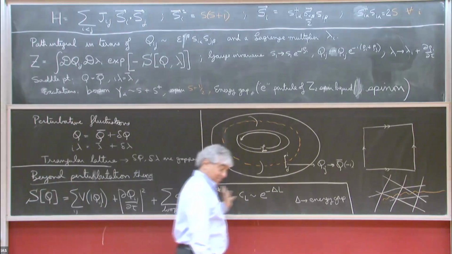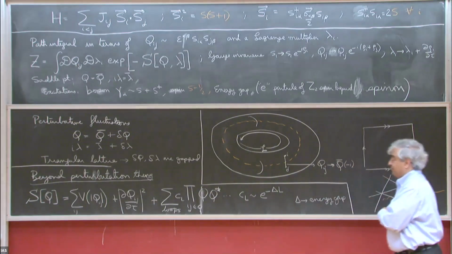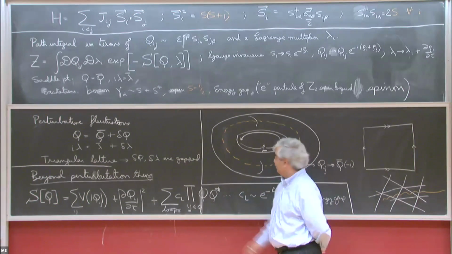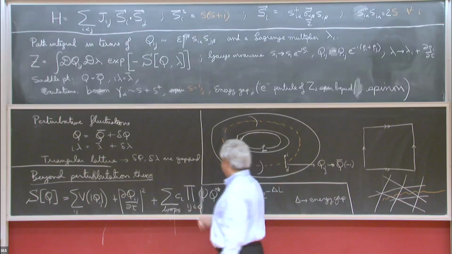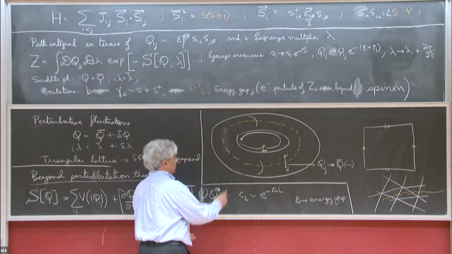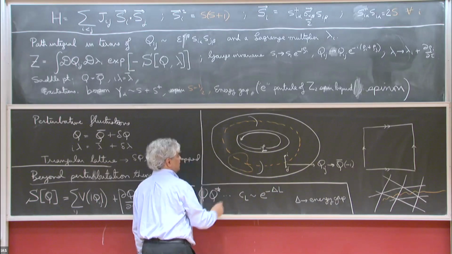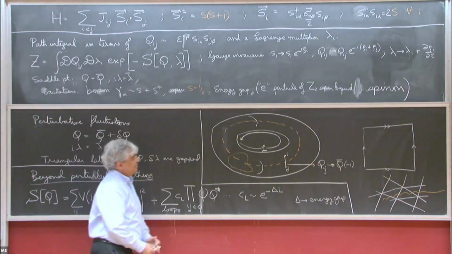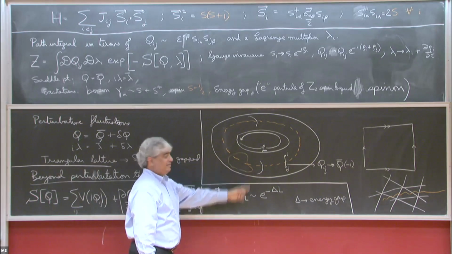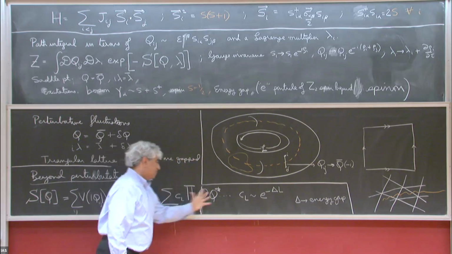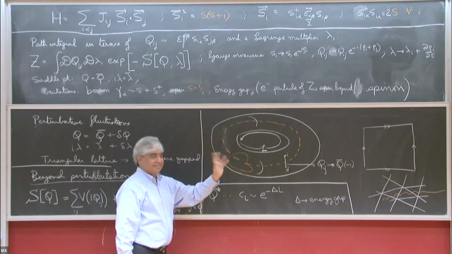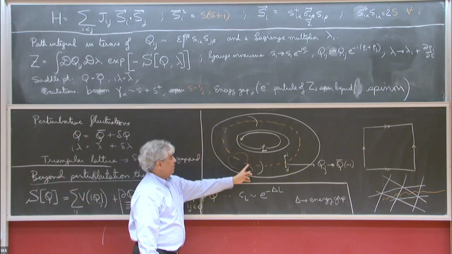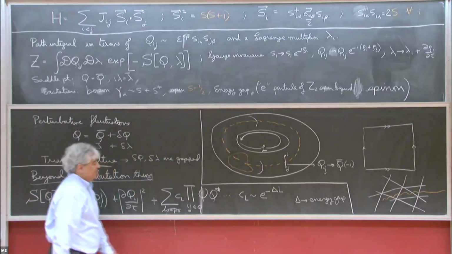Well, the first important thing you should now know is that for almost all loops, this has absolutely no effect. Because if I take any loop L on the lattice, it's going to cross the dotted line an even number of times. It's going to cross it once here and once there. So for essentially every term in here, there's no change in it. It doesn't even know the branch cut is there because there's a -1 here and a -1 there.